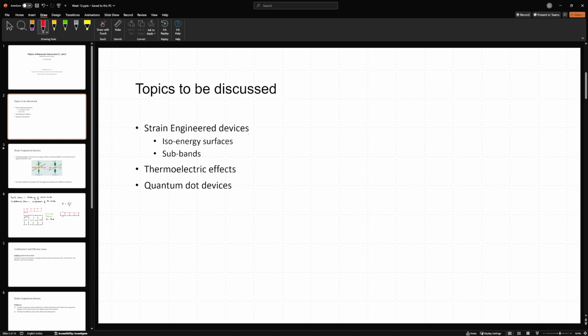In today's session, we shall have a discussion about strain engineered devices. This was a topic that was supposed to have started last week, where I was to discuss mitigating some of the non-ideal effects or electrostatic effects in a nanoscale device using strain engineering.